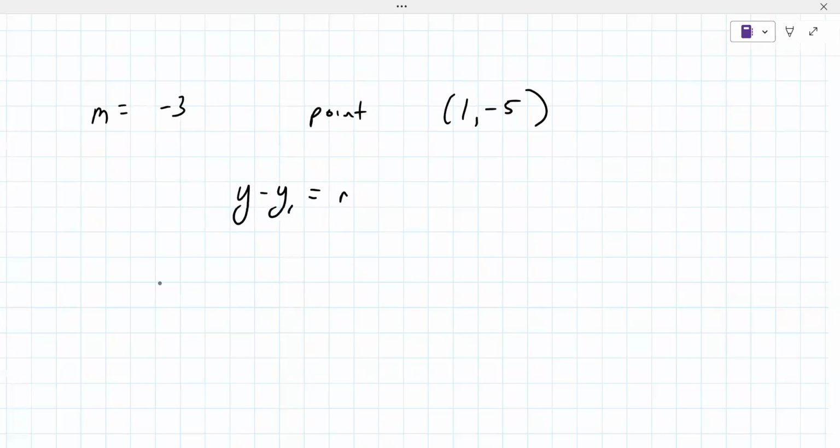So let me have you try one here. Let's say the slope is -3 and the point is (1, -5). I want you to write it in that point slope form we just talked about.